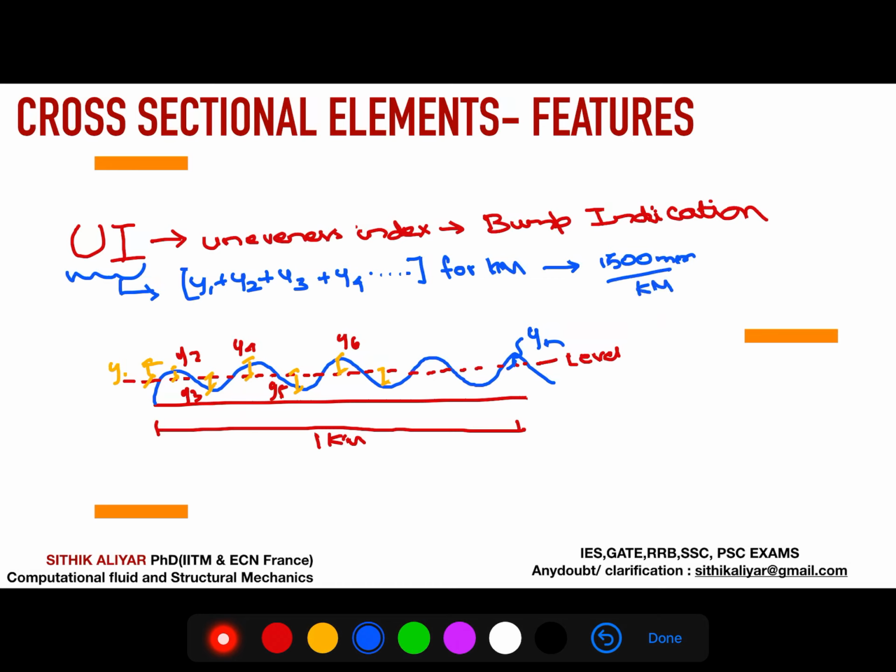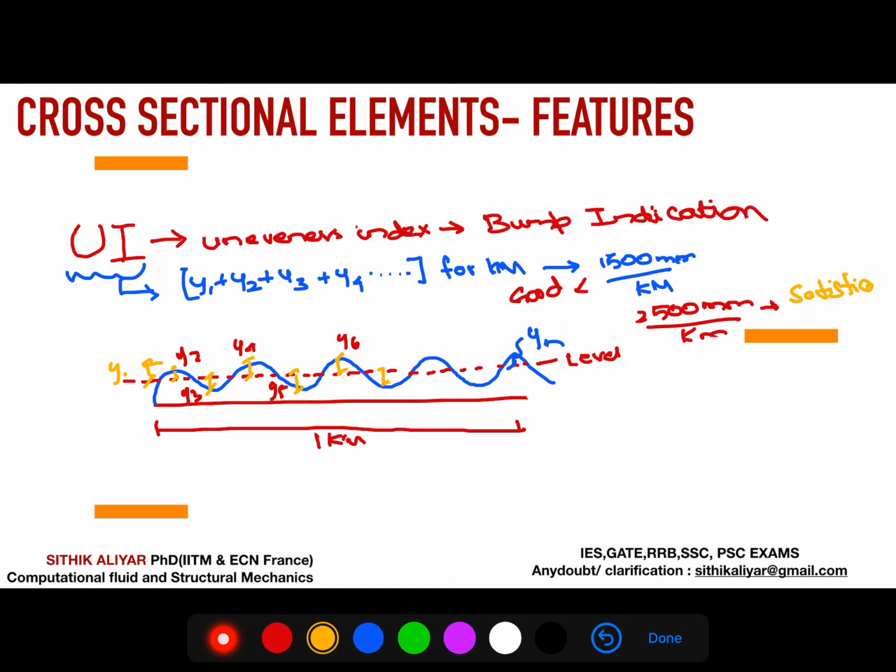If the unevenness index, whatever I cumulatively summed, is less than 1500 mm per kilometer, then the road is very good. If it is in the range of 2500 mm per kilometer, it is satisfactory to drive, but it's not a good road, but it's satisfactory.